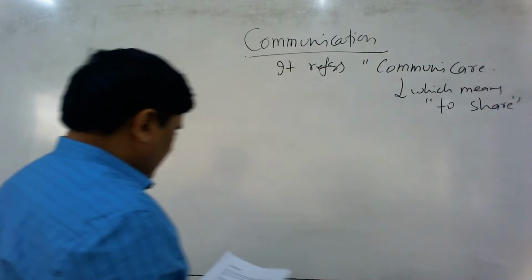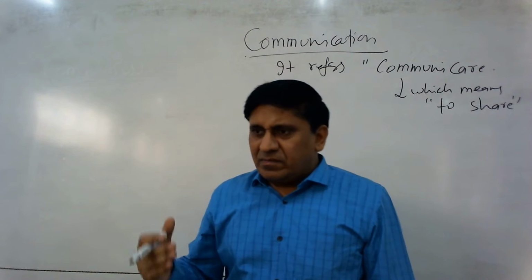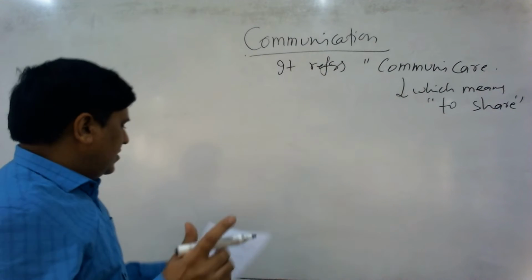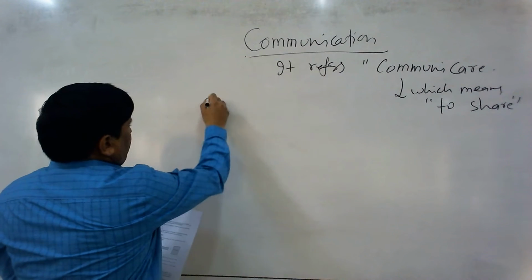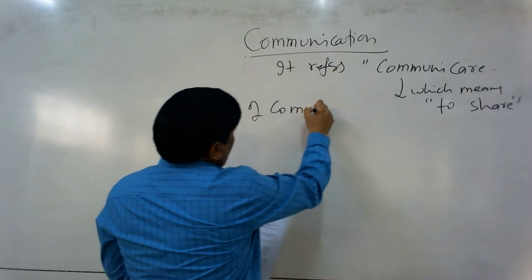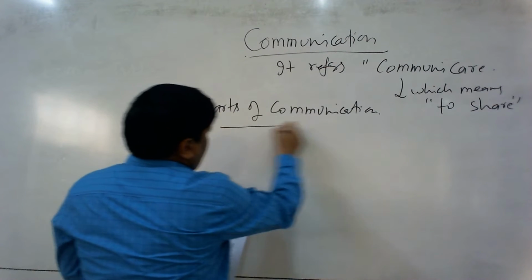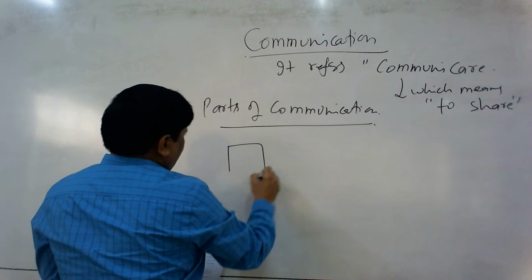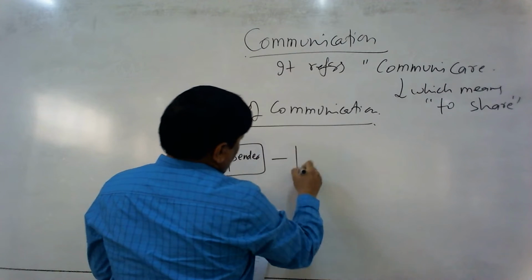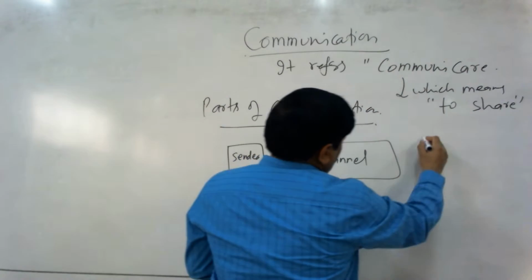So there are some parts of the communication system which we have to study. Parts of communication basically consist of sender, channel, receiver.